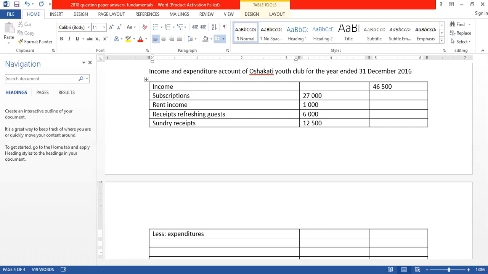So what type of expenditures or what expenses did we pay for? Looking at this, the first payment we made was for repairs, and we know that repairs are expenditures. So we have repairs of 1,200.